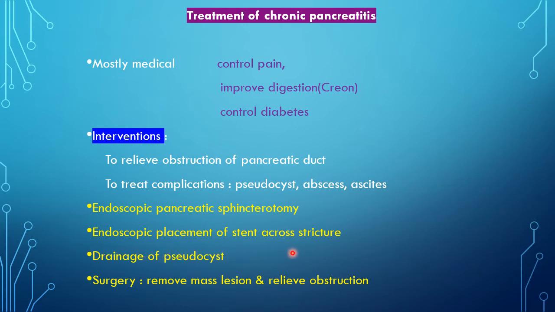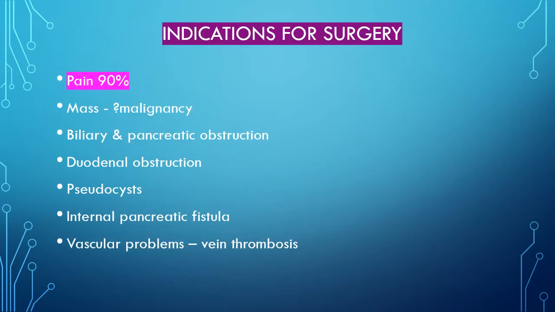This is another thing that can be done to relieve the obstruction and thereby the chronic inflammation and pain. Drainage of pseudocysts if present, and surgery to remove mass lesions and relieve obstruction. So if the patient has got severe localized inflammation, you may want to do some pancreatectomy or distal pancreatectomy to relieve the symptoms.